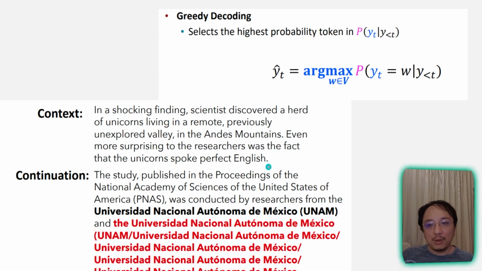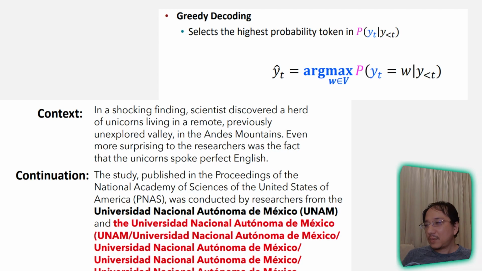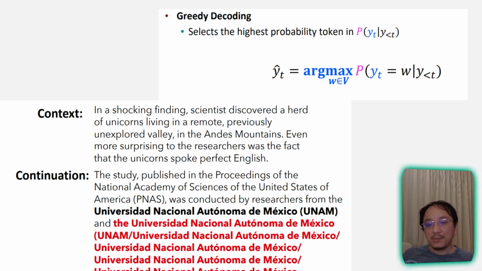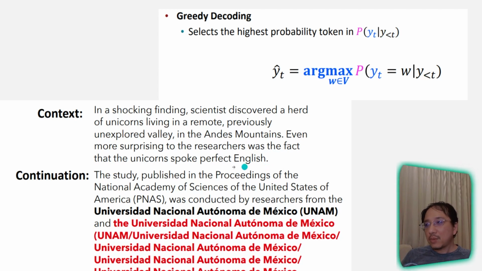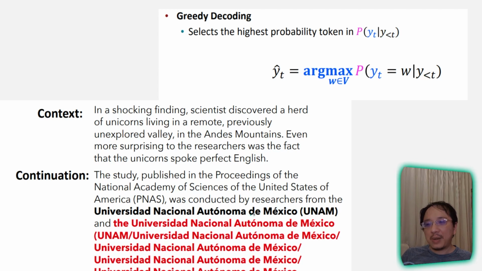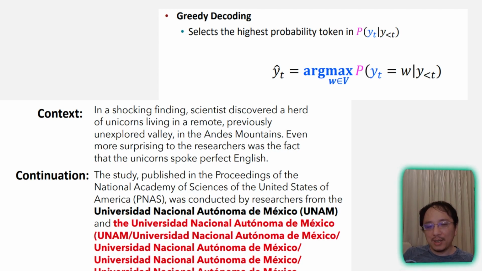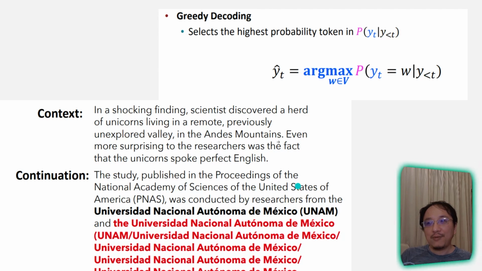Even if you are using some advanced model like Google's Bard, or maybe sometimes ChatGPT, there is some chance that you are going to generate some repeated words. But this situation is especially bad if you are using greedy decoding.